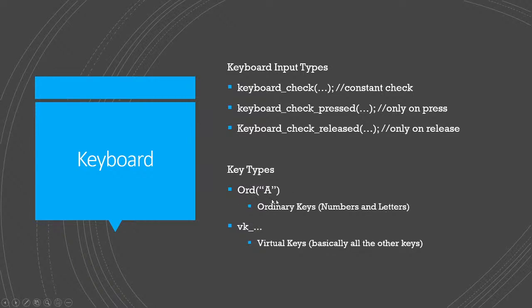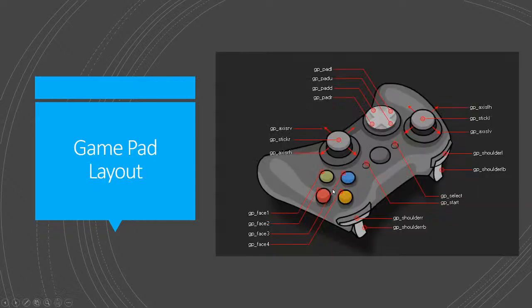This is supposed to be all lowercase ord. This A has to be uppercase so that it knows it's the A key. For all the other ones, like Control, Shift, the function buttons and everything else, it's going to be under VK, or virtual keys. If you wanted to see all these things, if you go to GameMaker Studio, I'll just show you guys in the demo. That way you can see it.